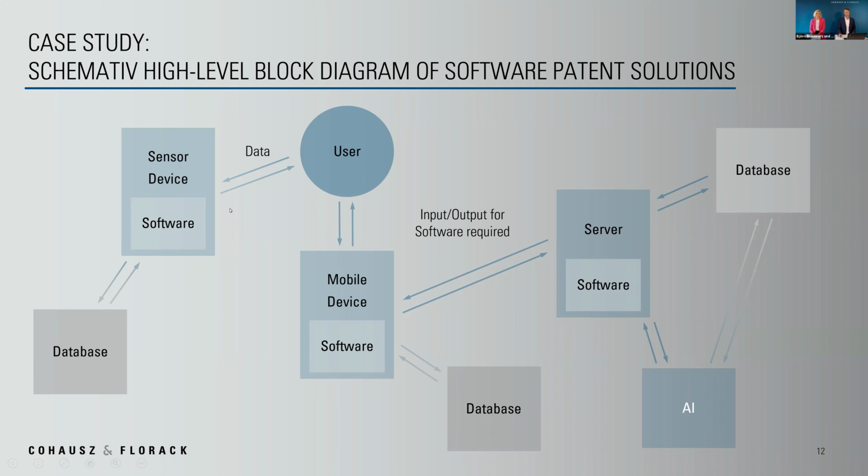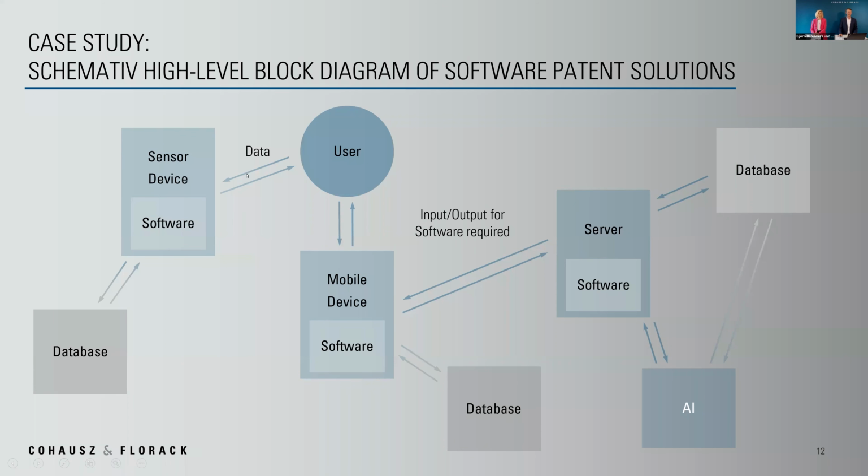We've drawn some double arrows here with data, but of course the sensor device can also provide information to the mobile device or directly to the server. This is just to give you a feeling how you can look out for the different interworking of such devices.